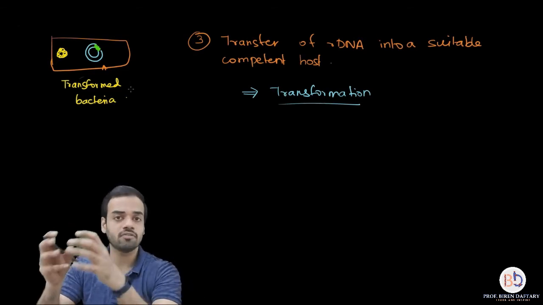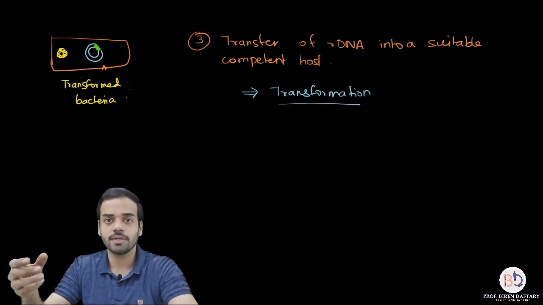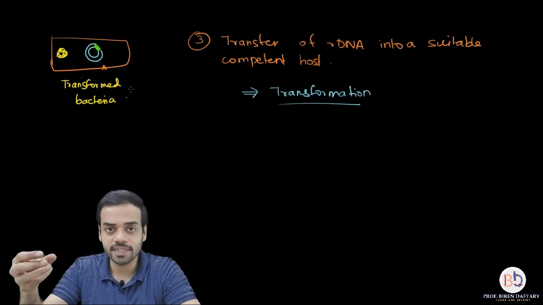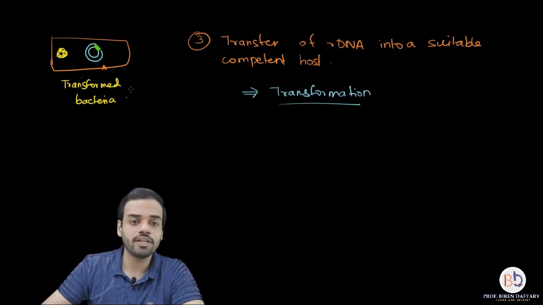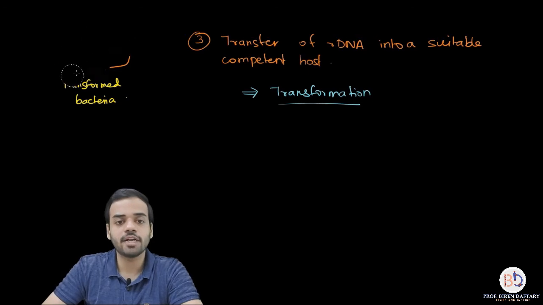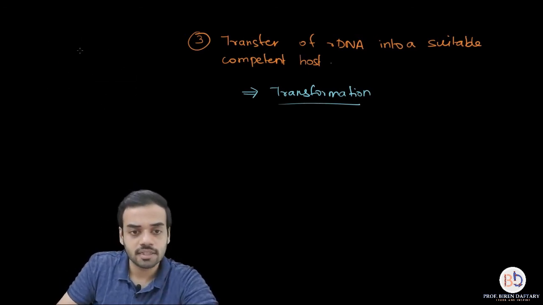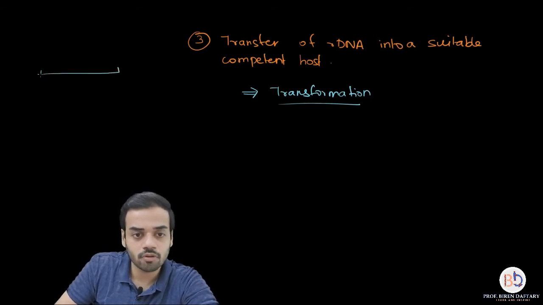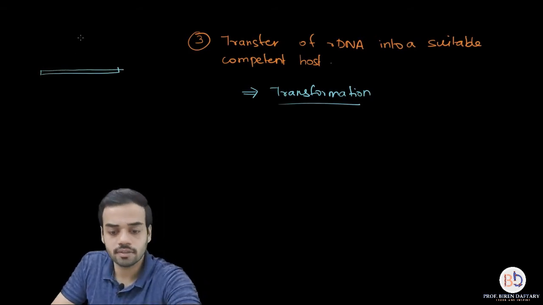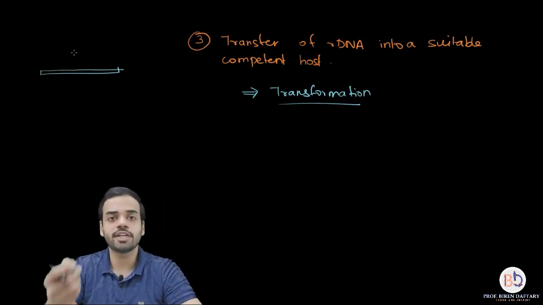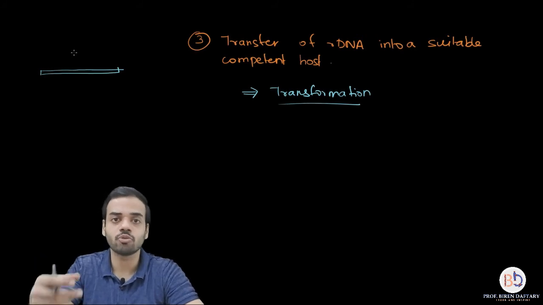Is this clear? So now how do we do this? We already have the recombinant DNA with us, so we have that recombinant DNA in a liquid mixture, and what we do is, we take a plate on which bacteria have been cultured. So for example, just imagine this is a plate on which bacteria have been cultured, and this plate will have nutrient medium used to grow the bacteria.